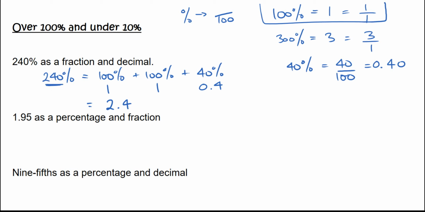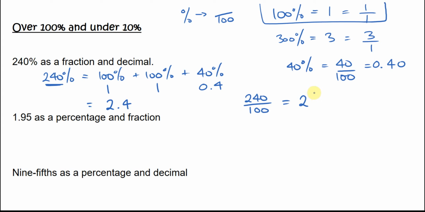If we go back to 240%, that we know is 240 hundredths, which means we've got 2 wholes, because we've got 200 hundredths plus 40 hundredths.